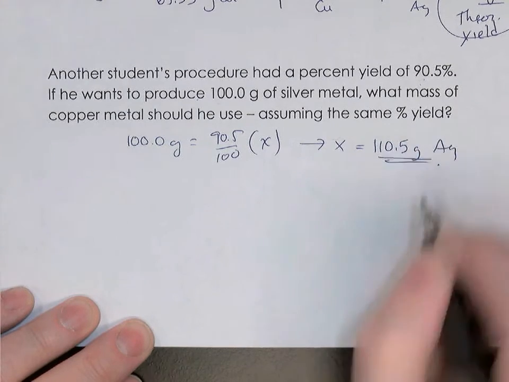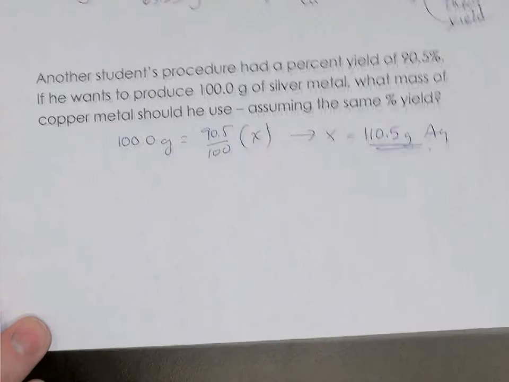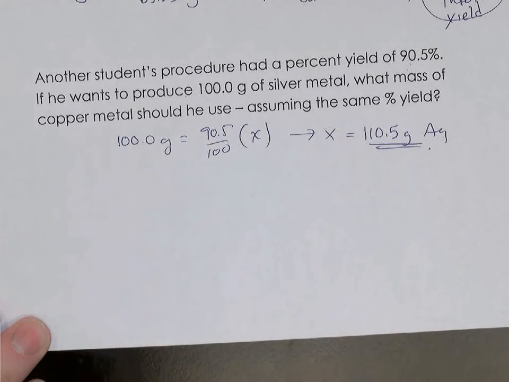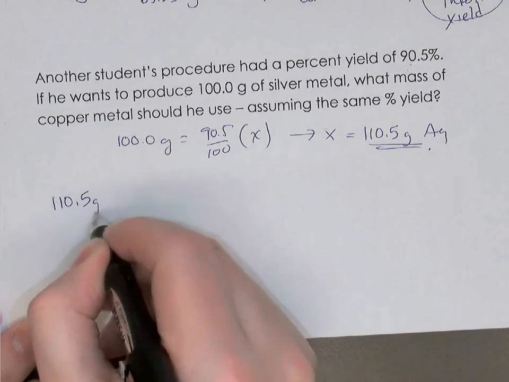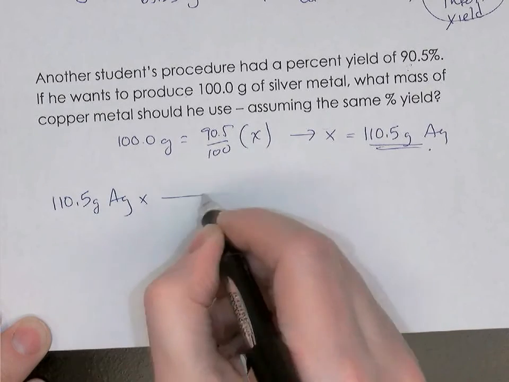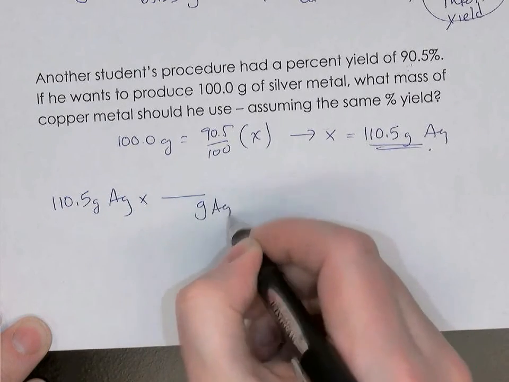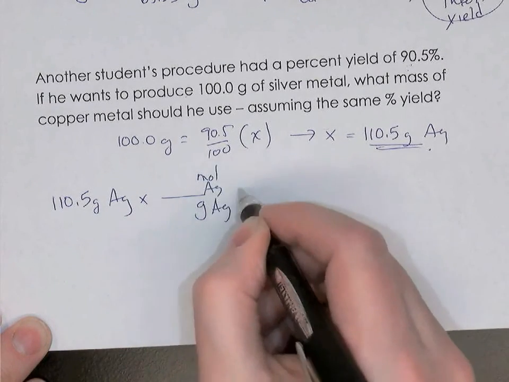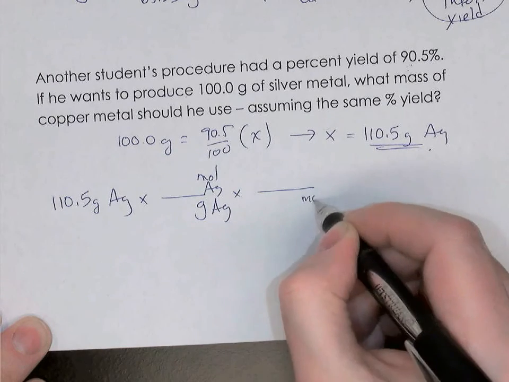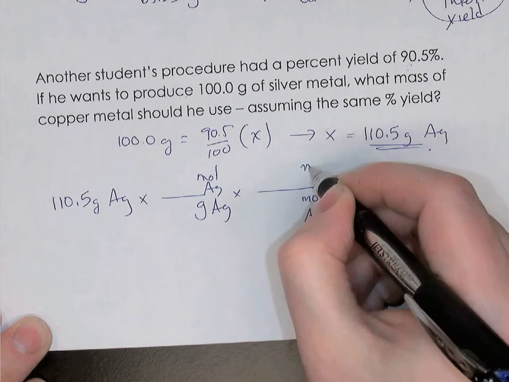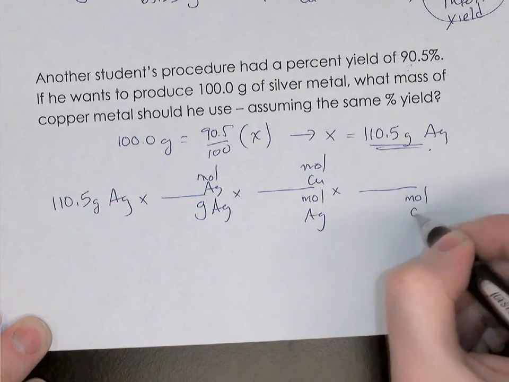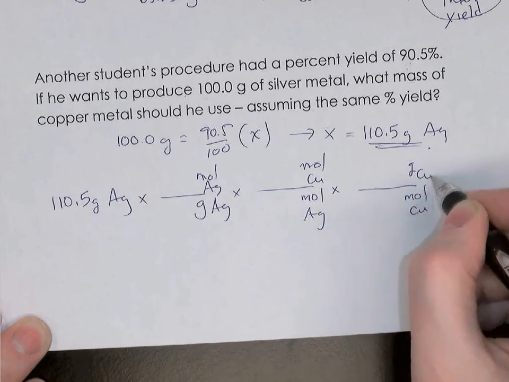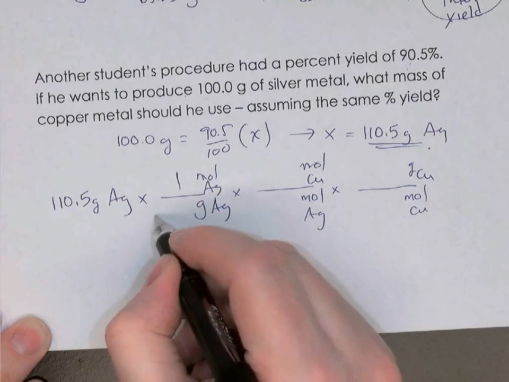Alright, now that I know the amount of silver I should aim to make, let's calculate what mass of copper you should use. So 110.5 grams of silver, what I'm aiming for. I'll convert the grams of silver to moles of silver. Now the balanced equation will convert moles of silver to moles of copper, and then finally moles of copper to grams of copper. 1 mole of silver is 107.87 grams.